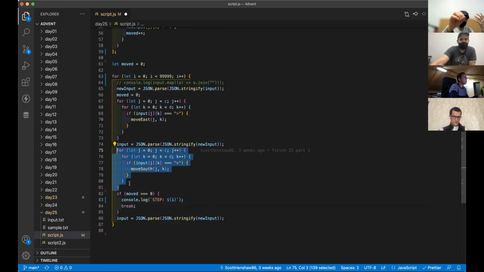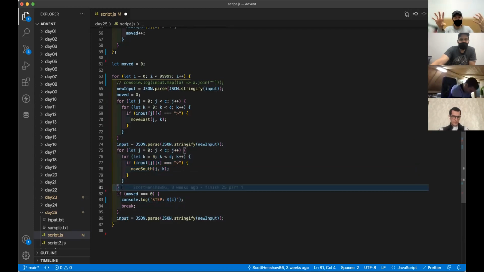Then you run that one. So 77 is now running against input, which is basically the history, but it's modifying your new input, which is your future state. Right. But before I run my next loop, I need to get my initial state to have the new state, and 86 does that. Yeah, so that's what I'm saying. I think I need both of these. But then you don't need 65.